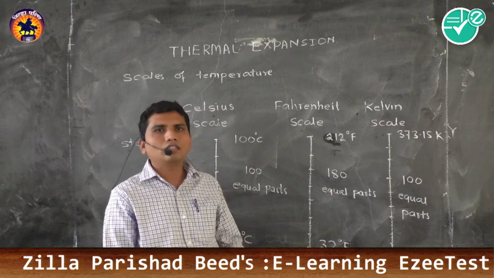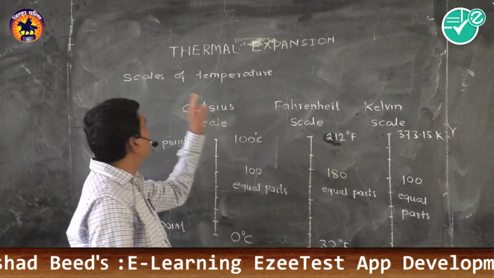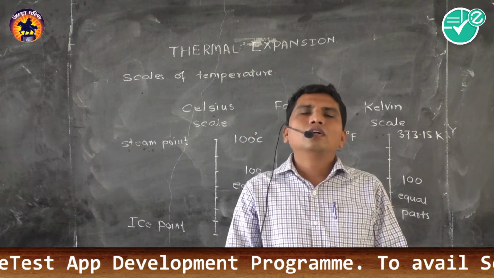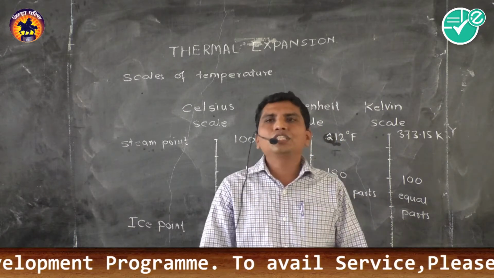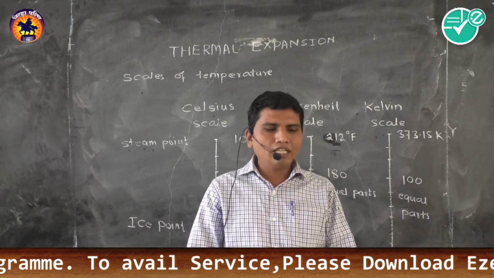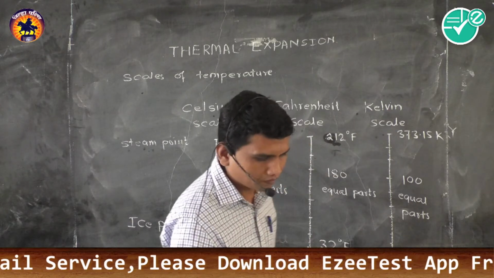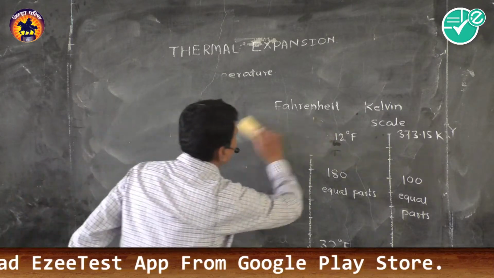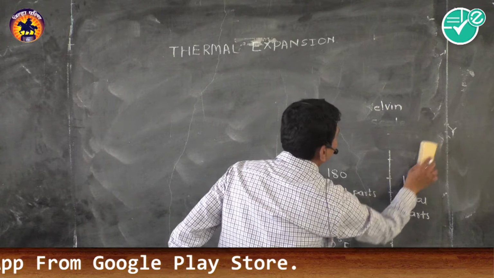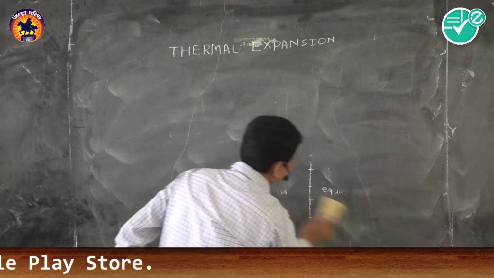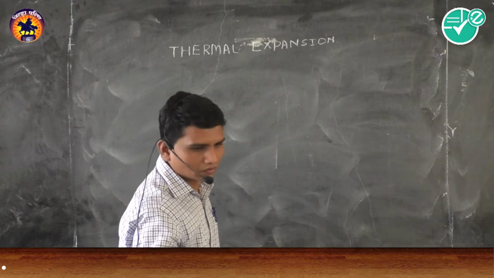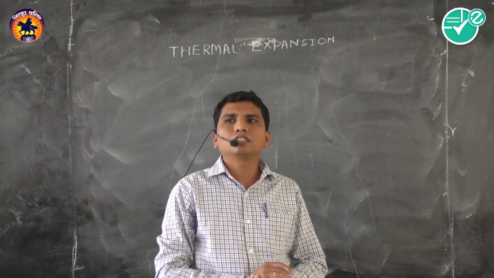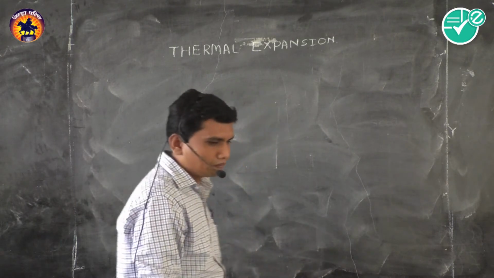So these are the 3 different scales which are used to measure the temperature. You have to remember here. Now let us study about the relationship between different scales of temperature. I can explain this with the help of one graph here.